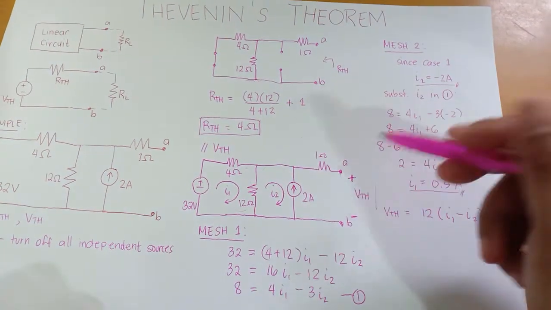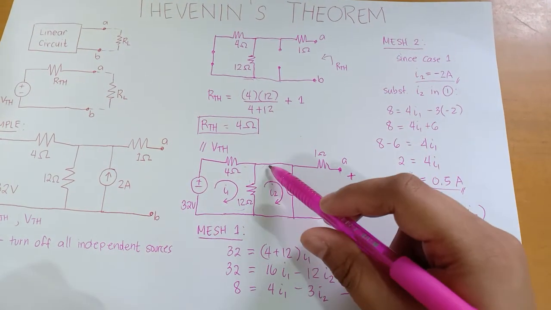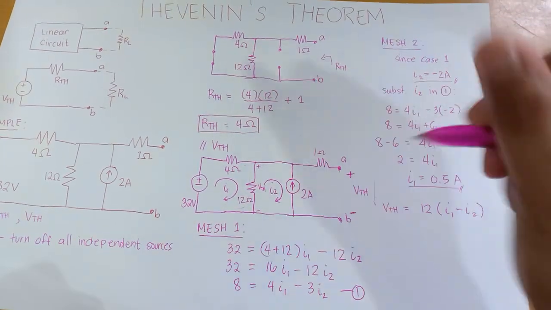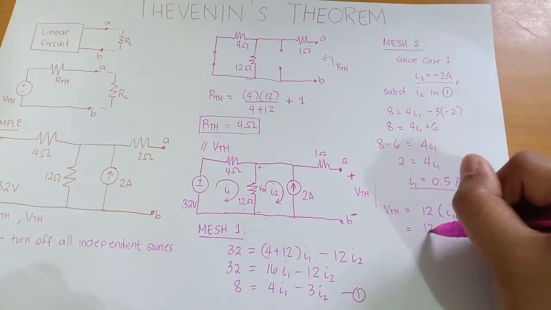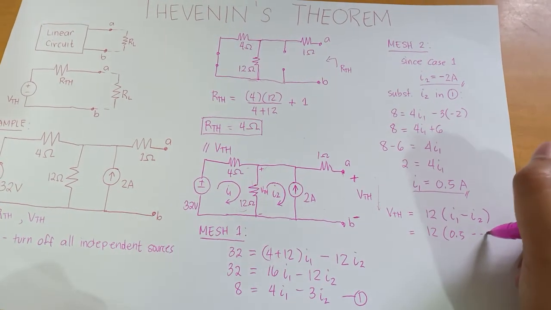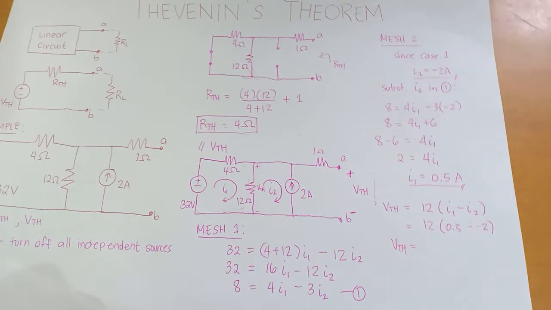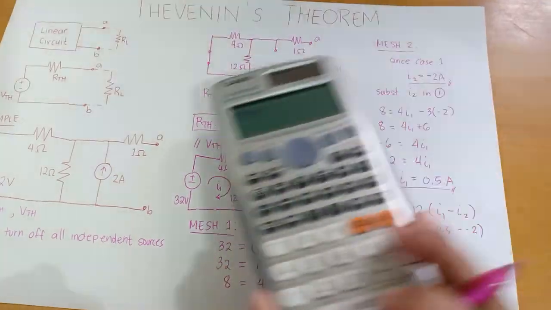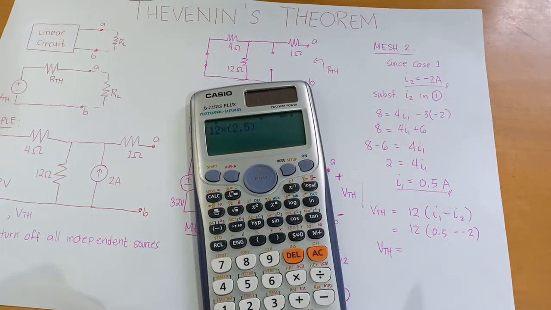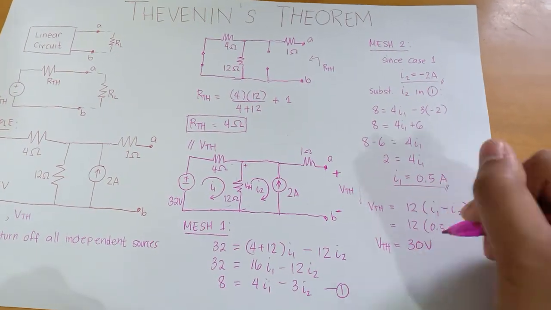Tapos, itong I2, contradicting. Ito yung VTH na equivalent din. So, we have 12 times 0.5 minus negative 2. VTH ay equal sa, calculate natin, 12 times 2.5. So, we have 30 volts. 30 volts yung ating VTH.